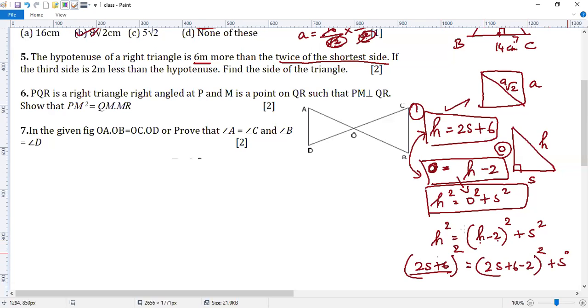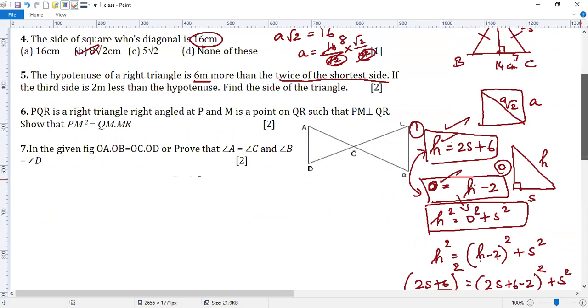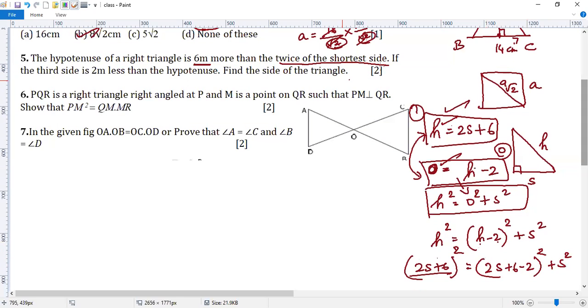Now you have got an equation in terms of S only. If you solve this, you will get S. Once you get S, you can substitute to find H. After you get H, you can substitute to find O. Clear? So these are the three equations that you will frame for finding the answer for this fifth question. If there are three unknowns, definitely there must be three equations or three relationships. Only then it will be easier for you to solve it. Got this idea? So what is the answer that you get?